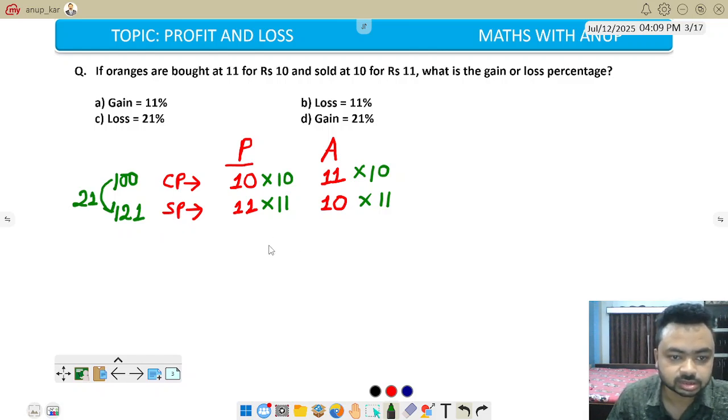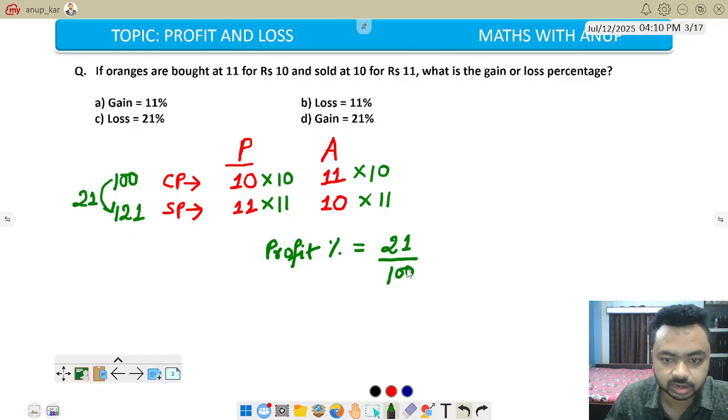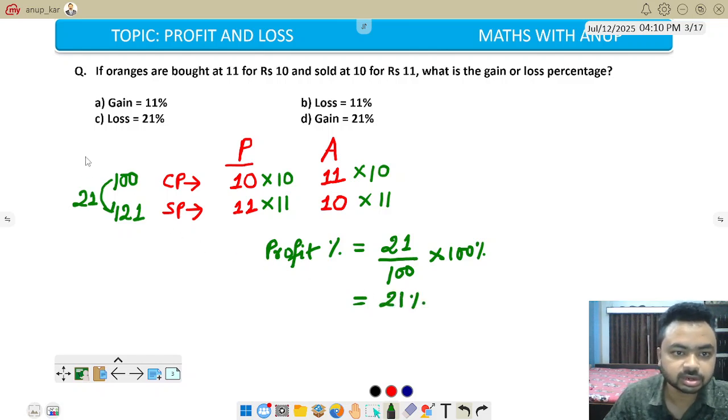Profit percentage equals 21 upon cost price 100, into 100, so it will be equal to 21 percent profit. The answer will be option D, a gain of 21 percent.